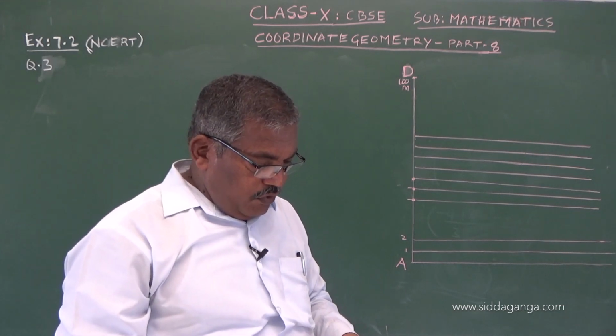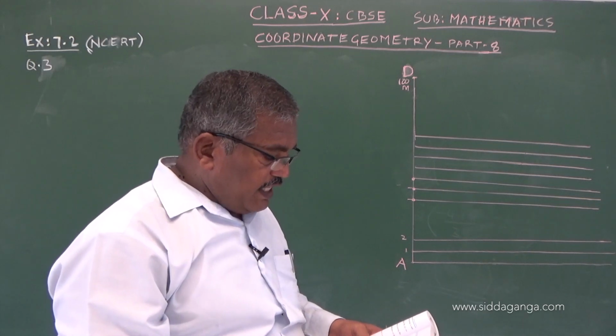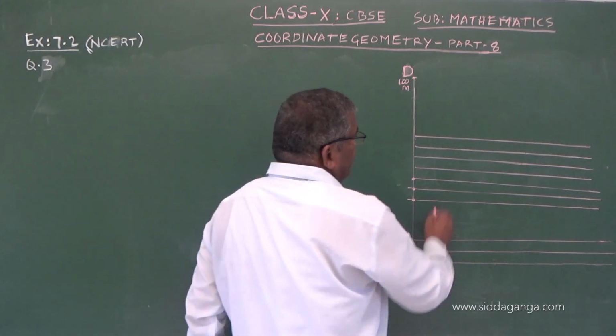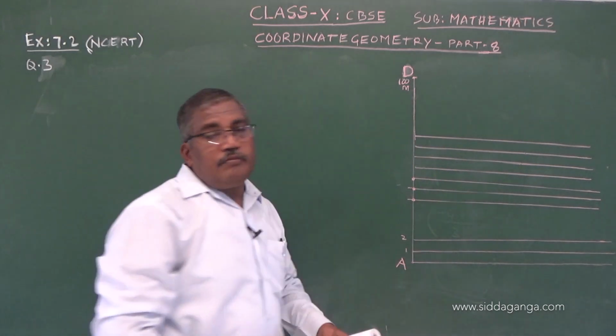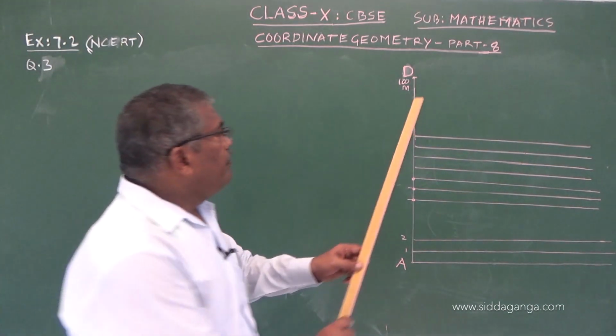Niharika runs 1/4 of the distance AD on second lane. See here, there are some lanes here. So I will draw those lanes also.